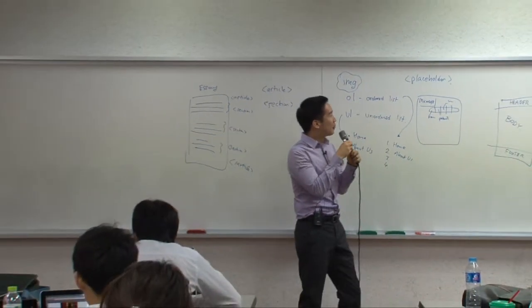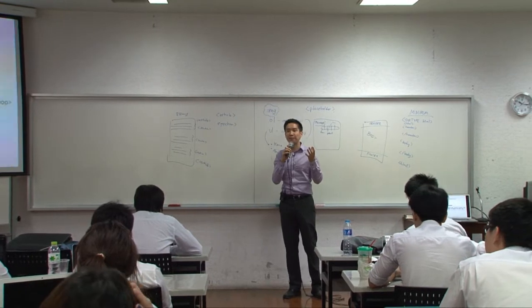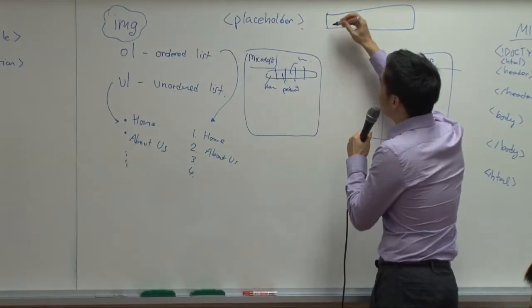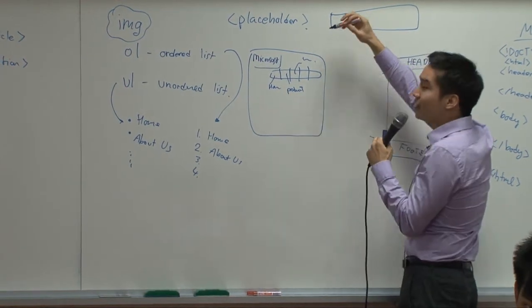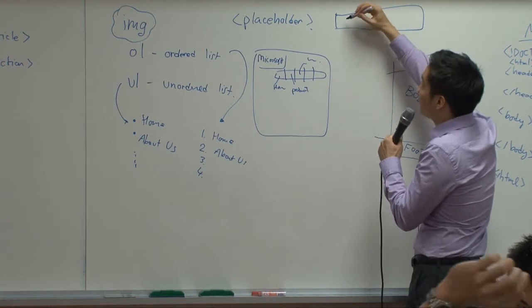That was so funny. So placeholder is normally used for a text box, okay? You guys have seen this, right? For example, a first name text box.